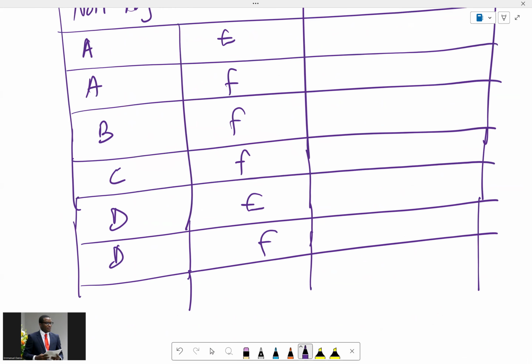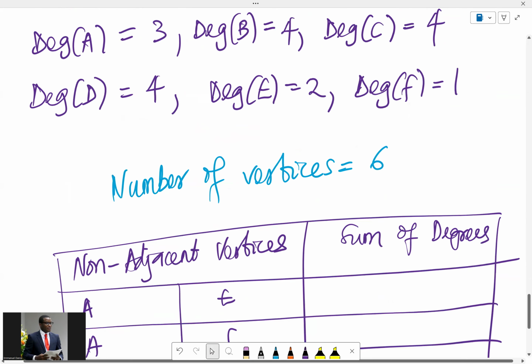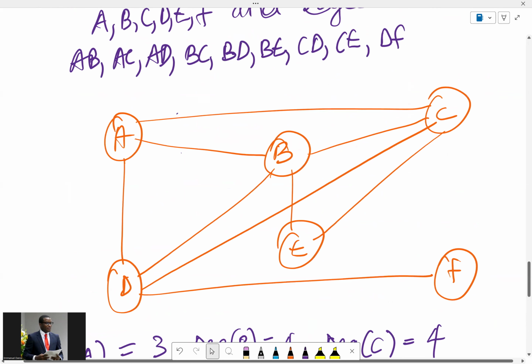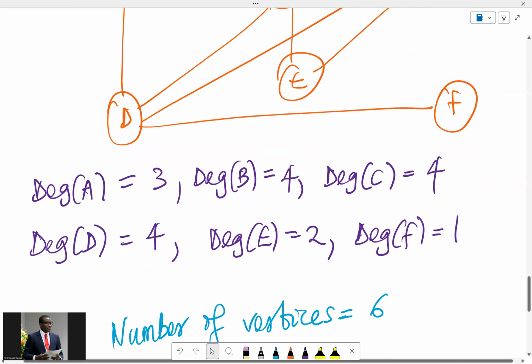Then we go to E. E is adjacent to B and C only, but it is non-adjacent to A, D, and F.